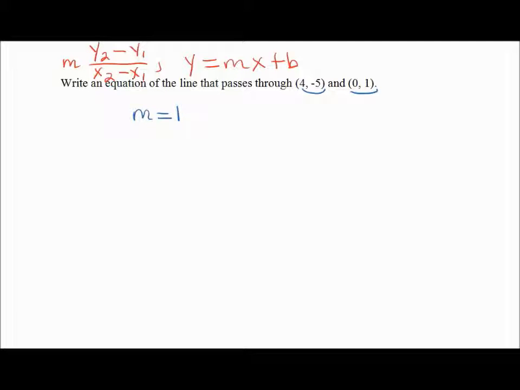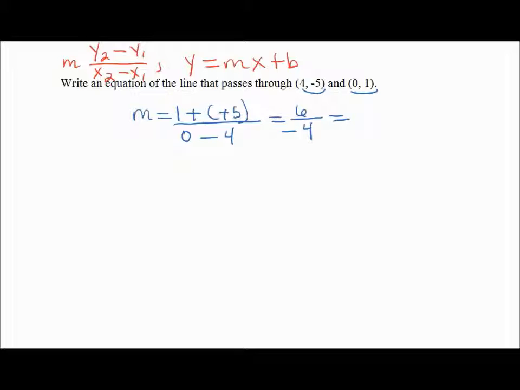This becomes 1 minus a negative 5 over 0 minus 4. Okay? Remember, when you have these back-to-back negatives, they turn to positive. So this is 1 plus 5, which is 6, over 0 minus 4. Excuse me, 0 minus 4 gives me negative 4.